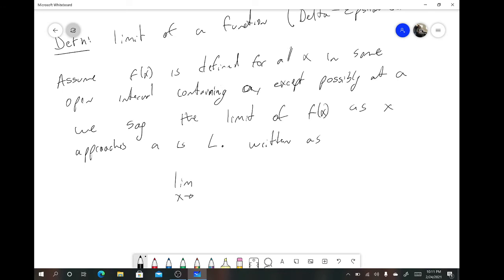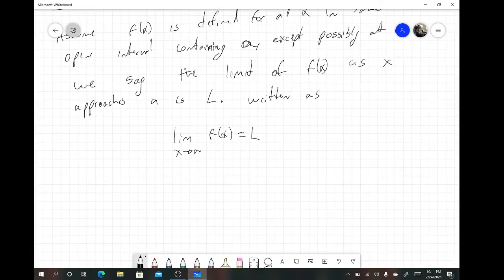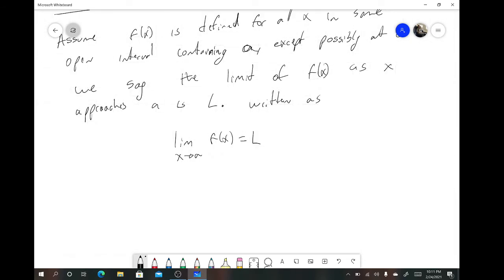So this is so far very similar to the definition that we had written before.